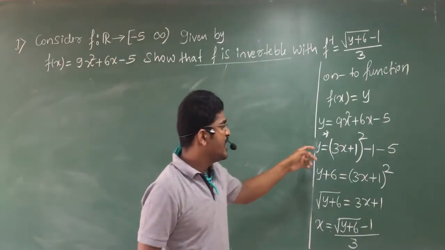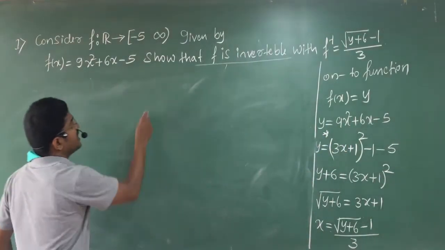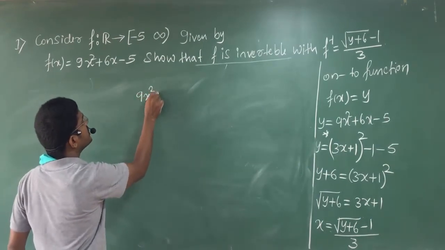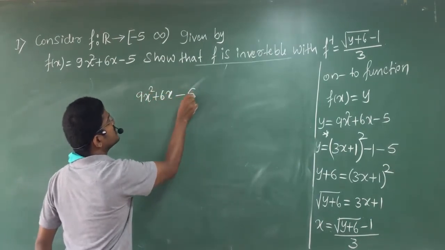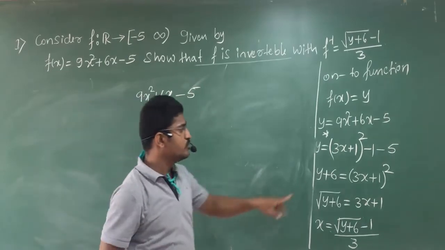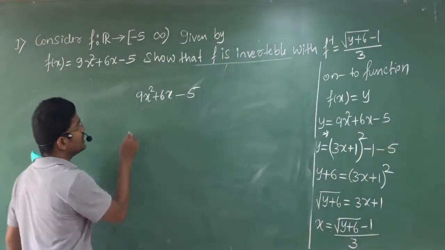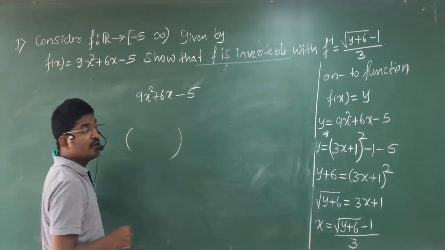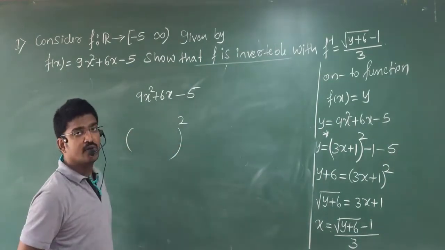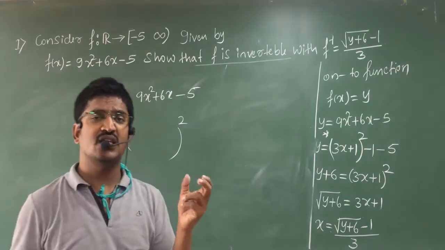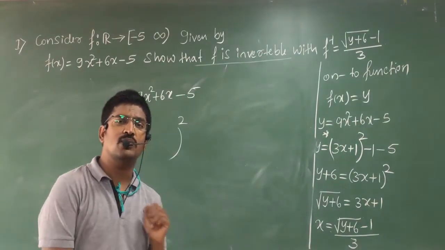Again, let us take one example, that is 9x square plus 6x minus 5. How is this term going to be written? Like this. Clear? So for that, I will write a bracket and square. These are shortcuts that you have to remember.